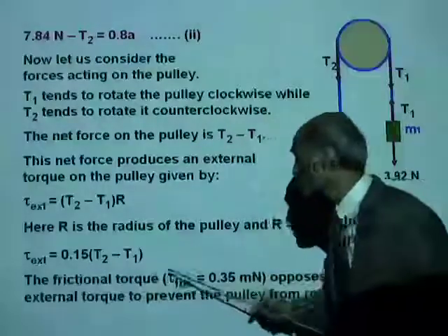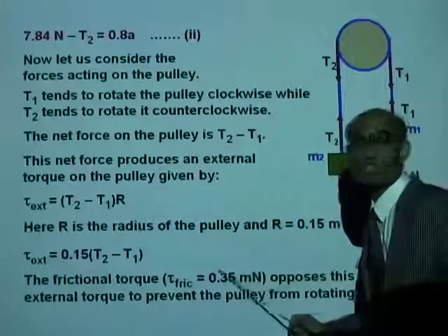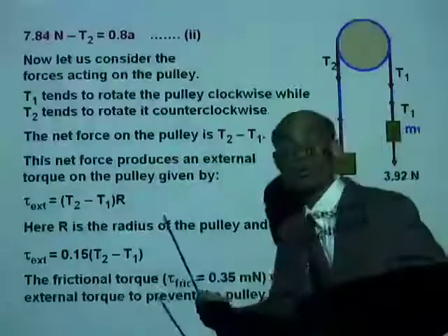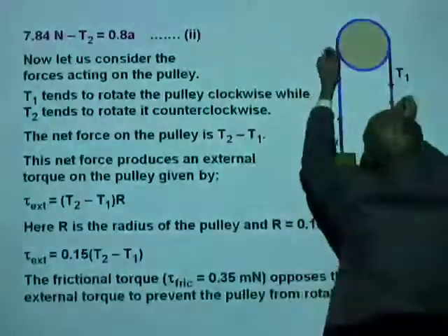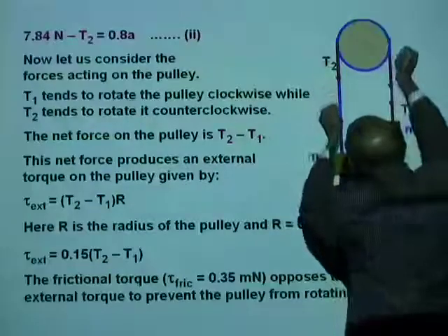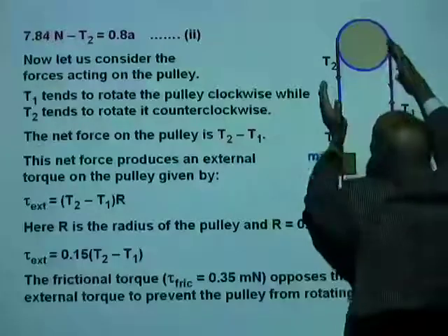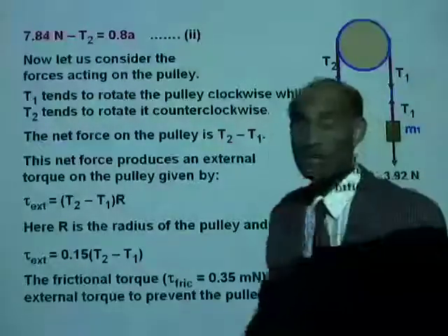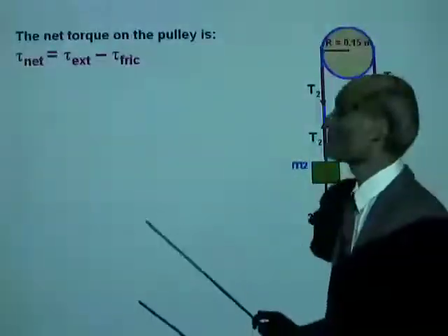And the frictional torque, tau friction, we know that. Tau friction is 0.35 meter Newton, and will oppose the external torque. So, if the external torque is trying to rotate the pulley in the counterclockwise direction, the frictional torque will be acting in the opposite direction. What is therefore the net torque on the pulley?